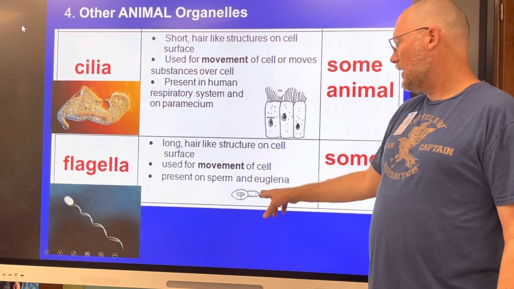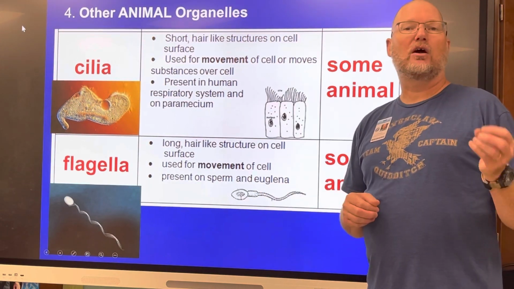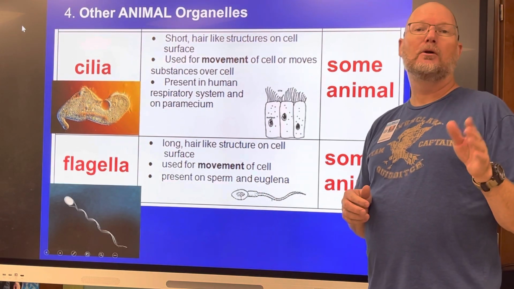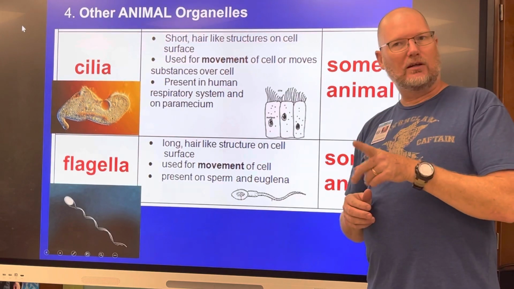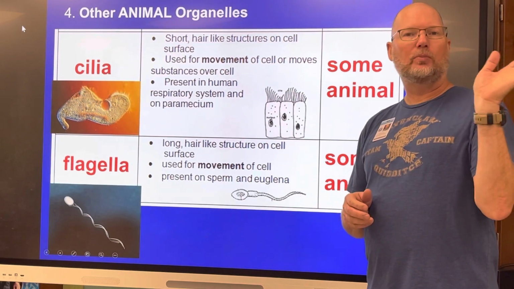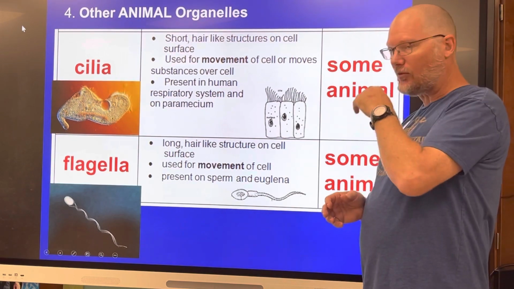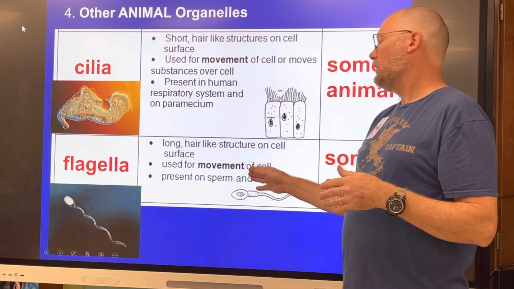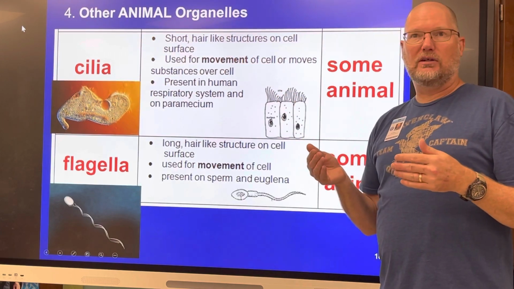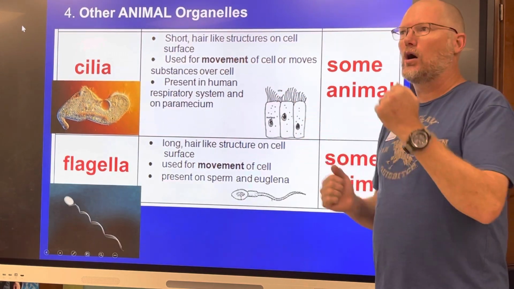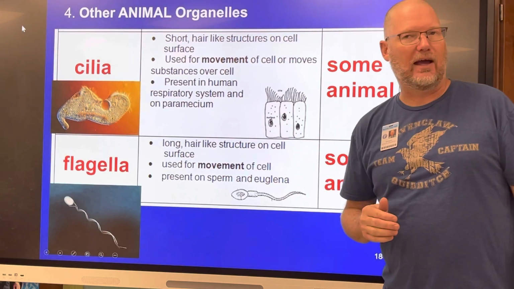But in sperm cells, which are the male reproductive cell that has to swim from where it is deposited into the fallopian tube of the female, where the egg is waiting for it to fertilize, it needs some way to get there. It can't walk, can't take a taxi, okay, or an Uber.